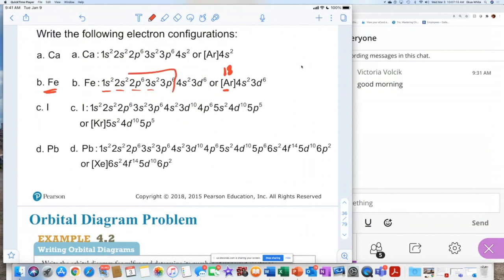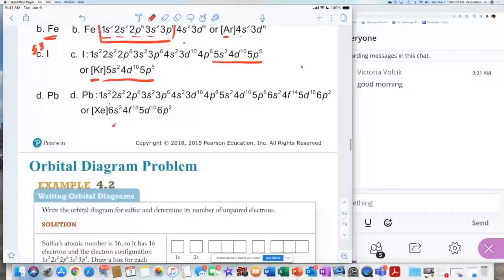And so all of these are handled by the 18 electrons, and then of course you have 4s2, 3d6. Iodine, this goes to how many electrons? Iodine has 53 electrons. So for iodine, the shorthand has krypton, and of course the rest of the remaining sub-levels are shown right here. So just like what we did, they do the same thing over here. So feel free to look at that.